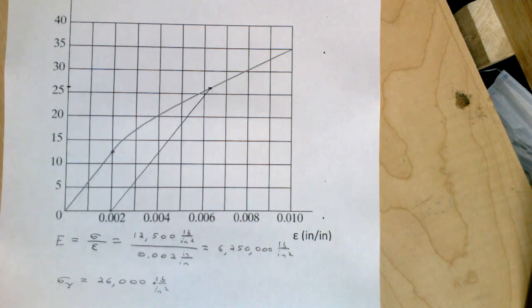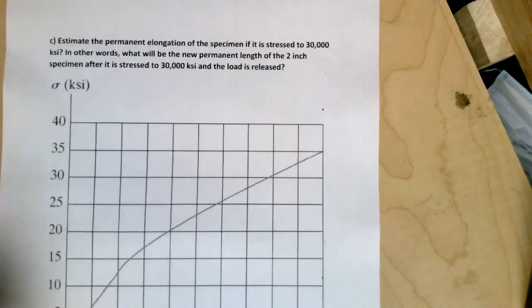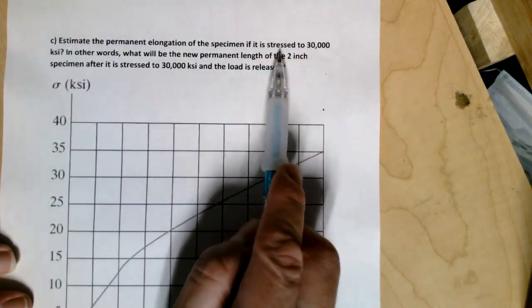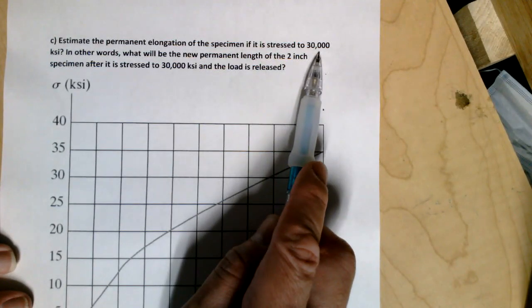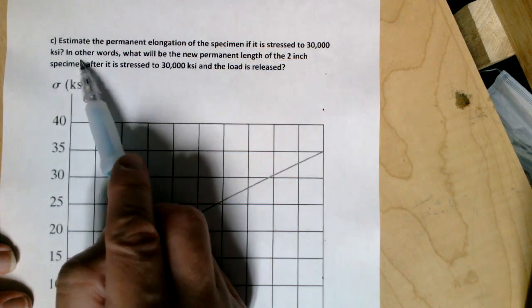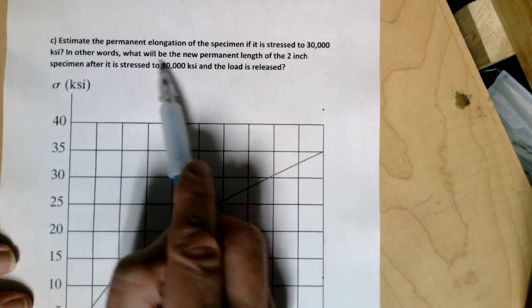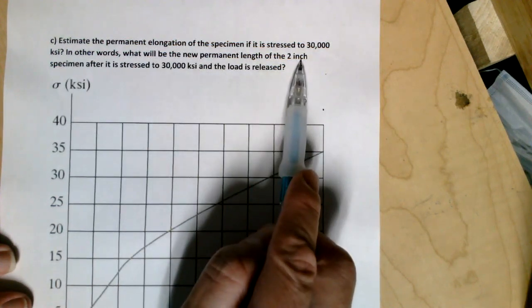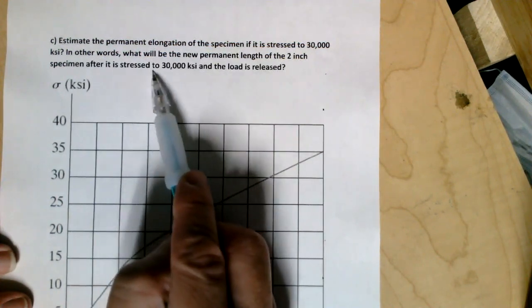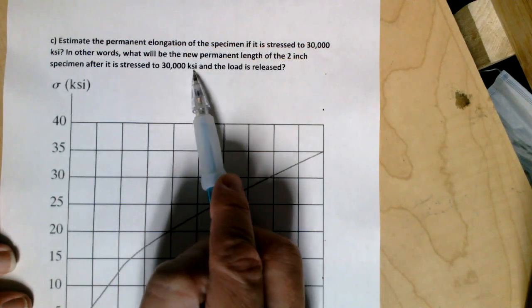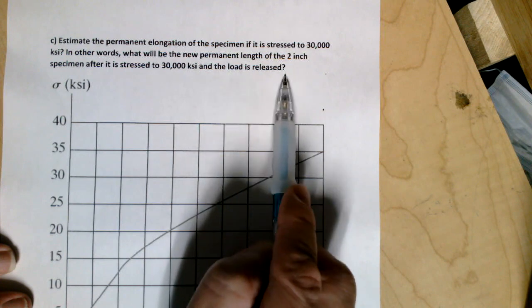So the next thing that we're asked to do is estimate the permanent elongation. Part C says we're supposed to estimate the permanent elongation of the specimen if it's stressed to 30,000 KSI. In other words, what will be the new permanent length of the 2-inch specimen after it is stressed to 30,000 KSI and the load is released?